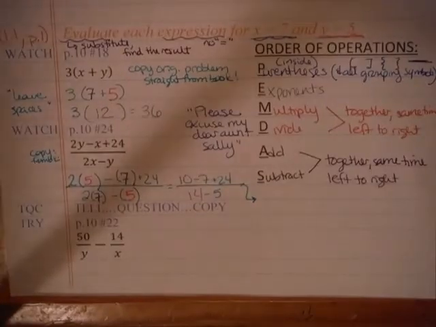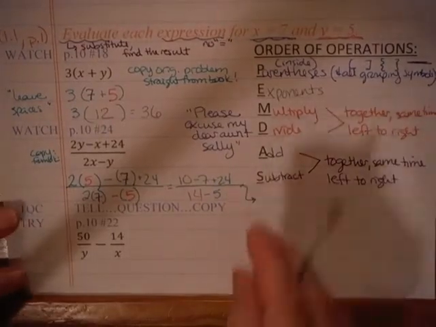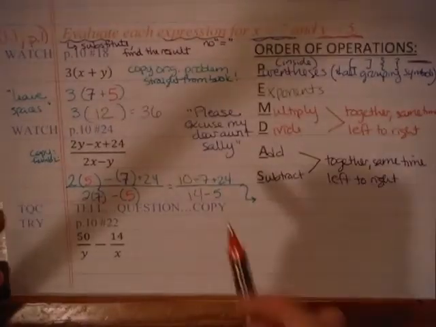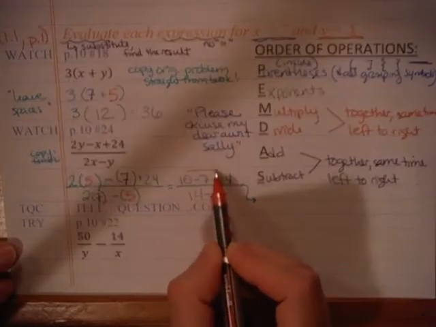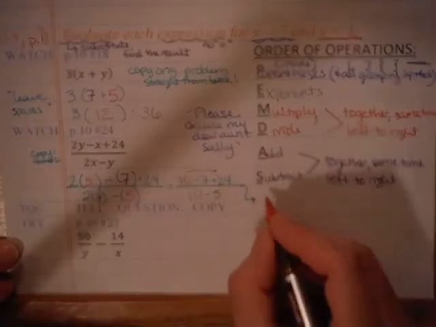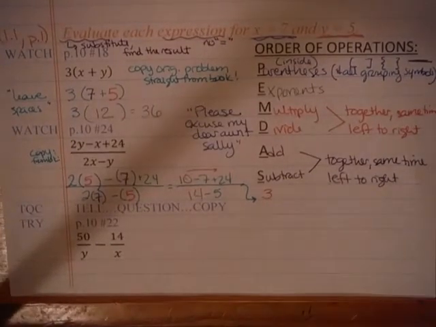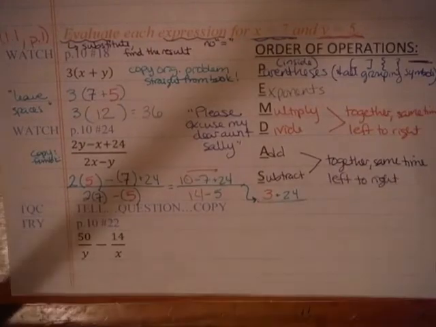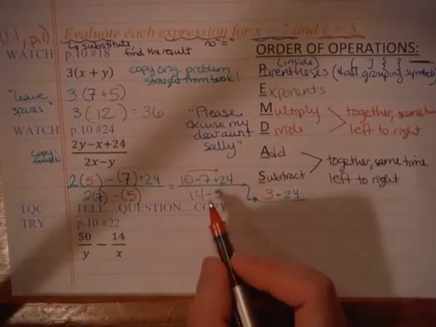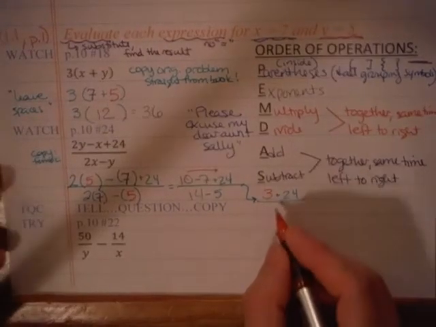On the top now, all we have left is addition and subtraction. So I'm just going to go left to right as I deal with that. So 10 minus 7 is going to be 3 plus 24. And then there's only one thing left on the bottom, so we'll just go ahead and do that. 14 minus 5 is 9.